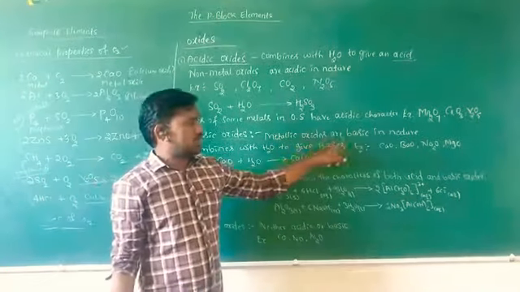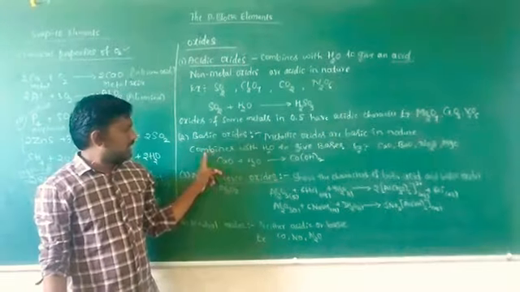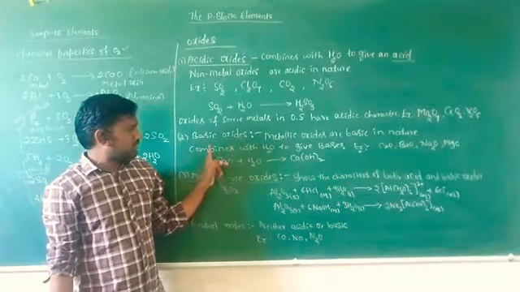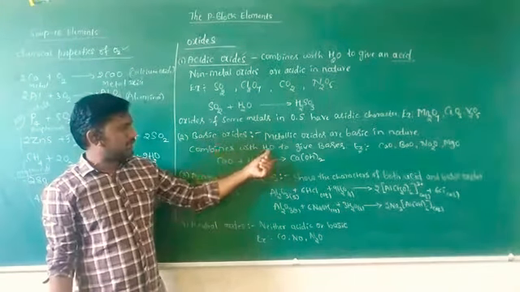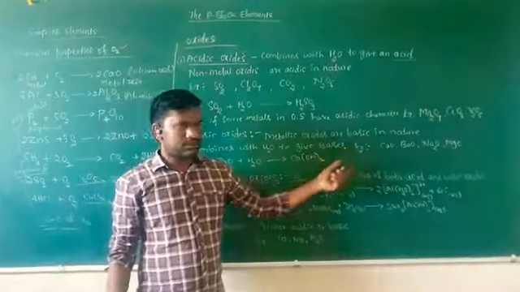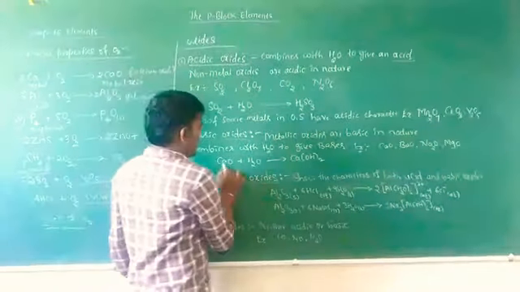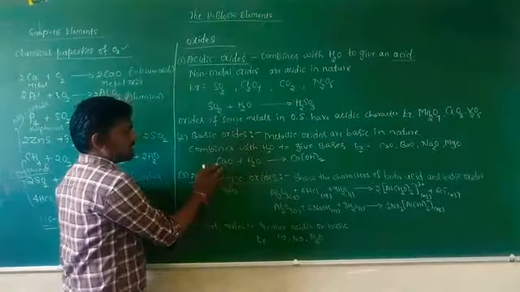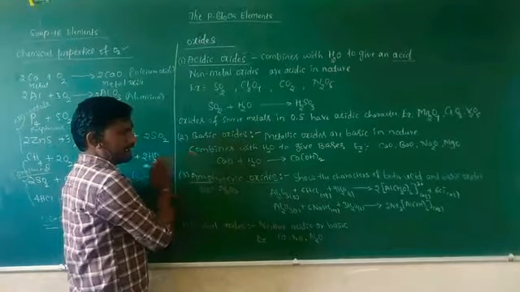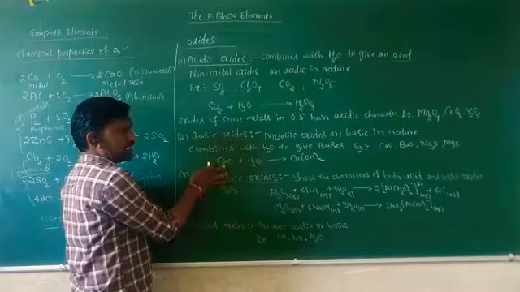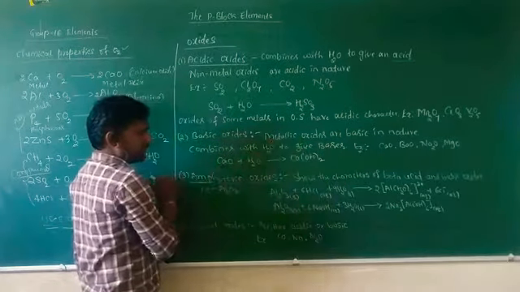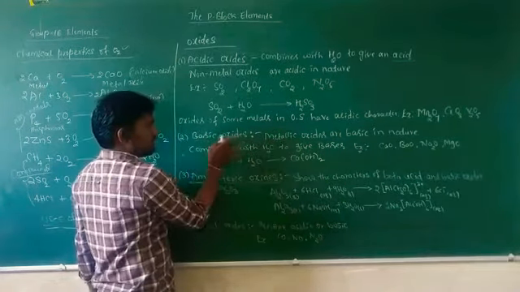Metallic oxides are basic in nature and combine with water to give bases. For example, CaO is a basic oxide. Calcium oxide is a basic oxide because calcium is a metal.